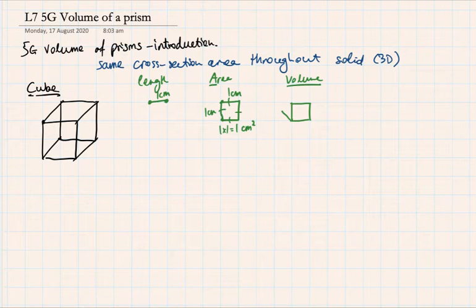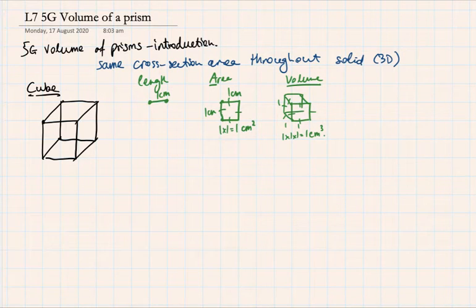So remember with the cube, making the cube 3D, you draw something like that. And it's a cube, so all of the sides are exactly the same. So it's 1 by 1 by 1, which is equal to 1 cubic centimeter. So all of these things are the same, basically. In terms of volume, it's a 1 cubic centimeter block. And that's why it's in cubes, because there's 3 dimensions to it.